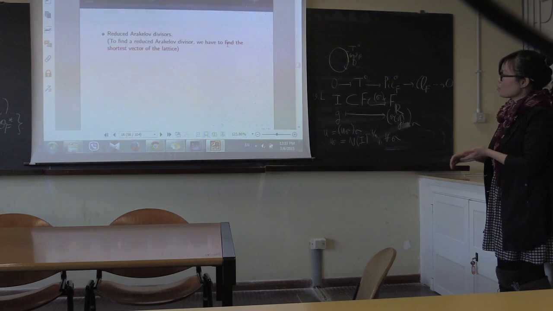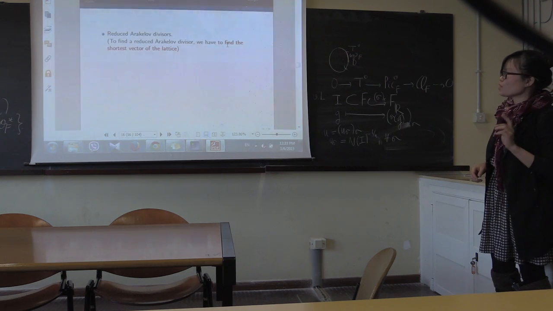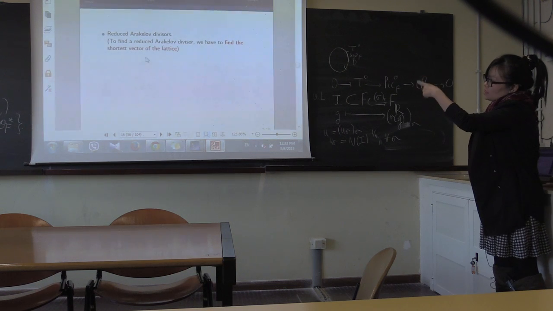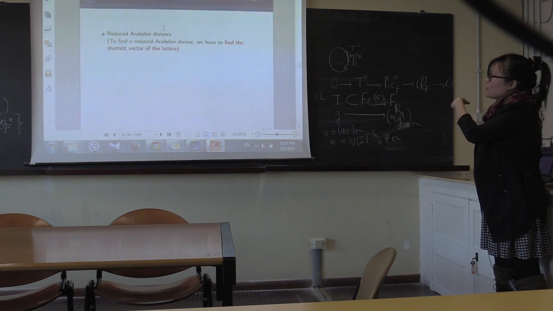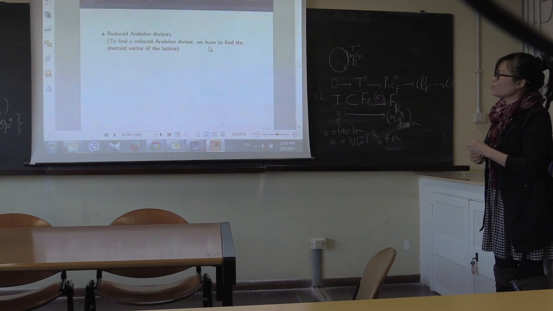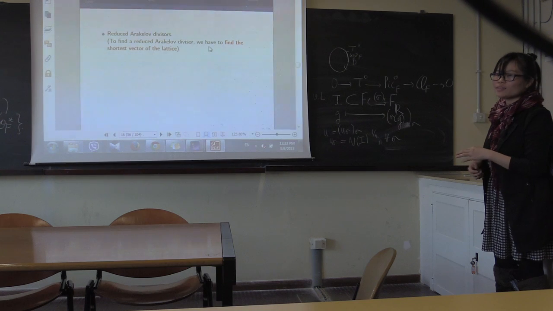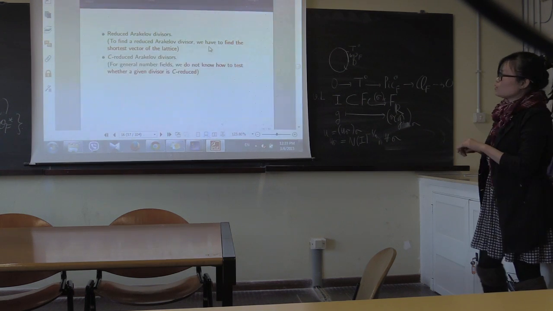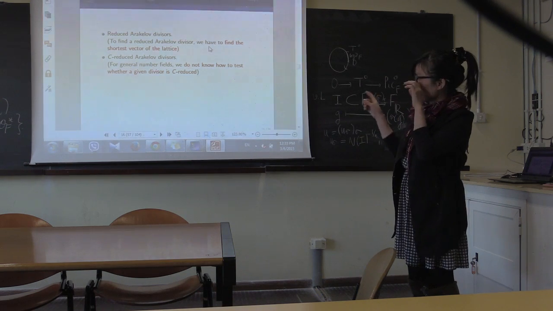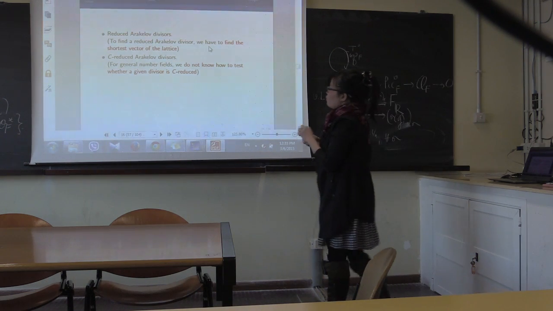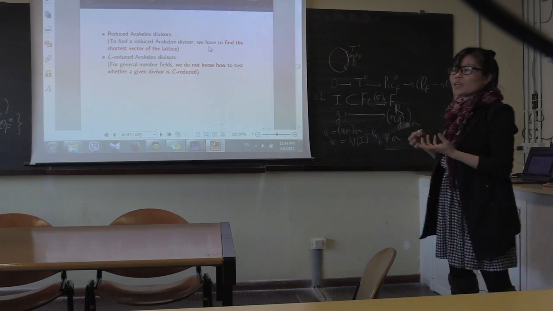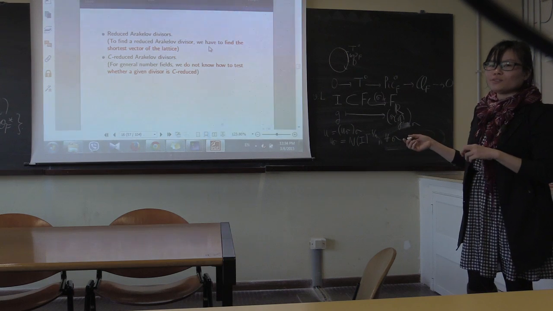First, let me tell you we have two generalizations of reduced Arakelov divisor. The first one is the original one, but with this one, to find a reduced Arakelov divisor, we need to find the shortest vector of the lattice. So we generalize it to the c-reduced Arakelov divisor. But for this definition, for a general number field, we do not know how to test whether a given fractional ideal is c-reduced.